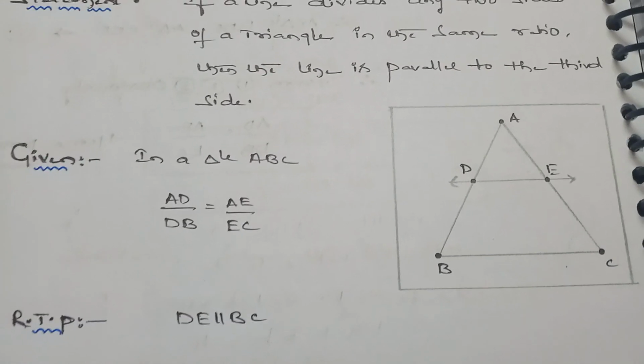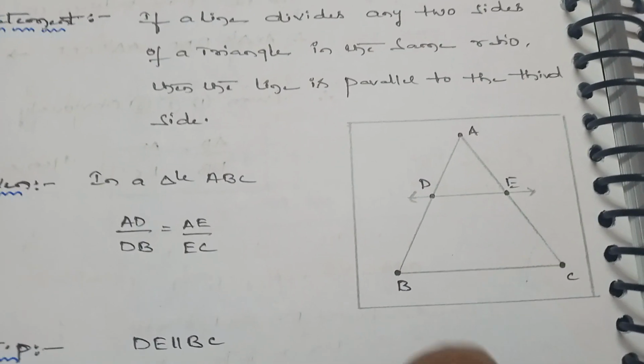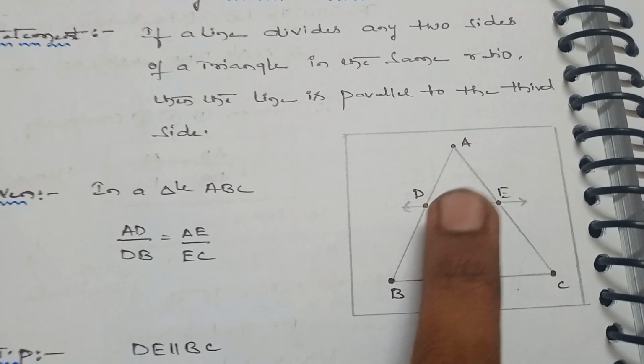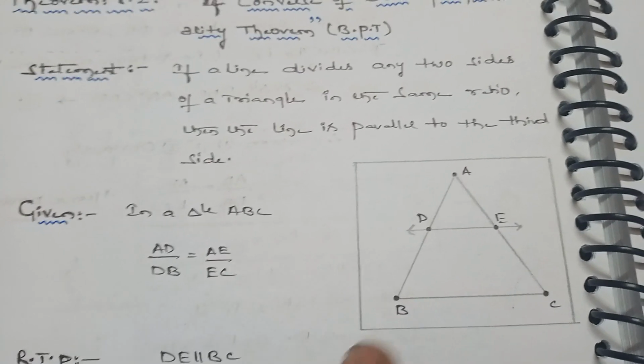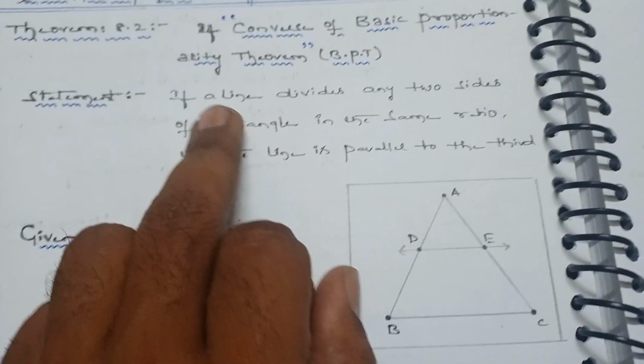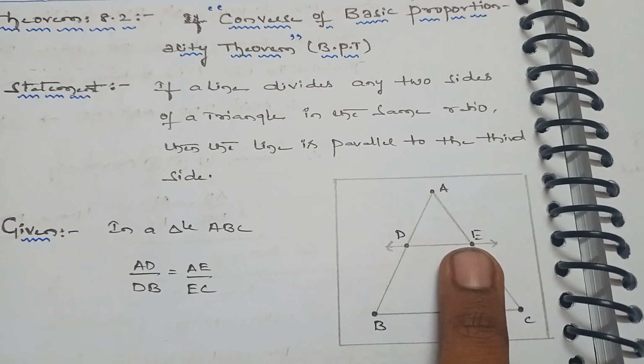Here we need to prove exactly the opposite. In BPT we prove that AD by DB equals AE by EC. But here, because we are proving the converse, we need to prove that DE is parallel to BC.